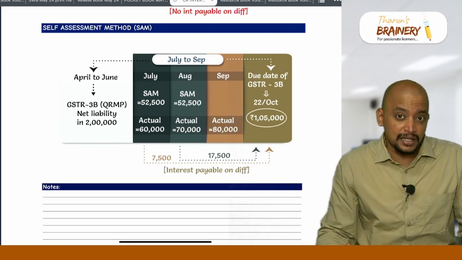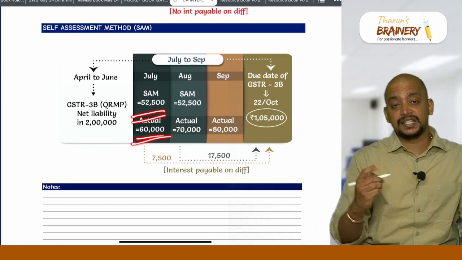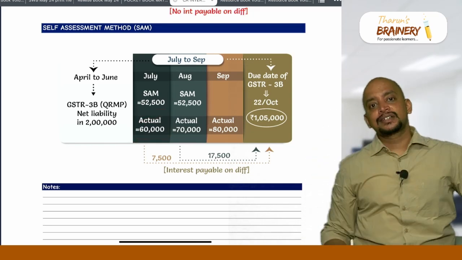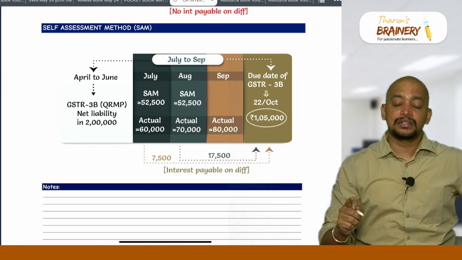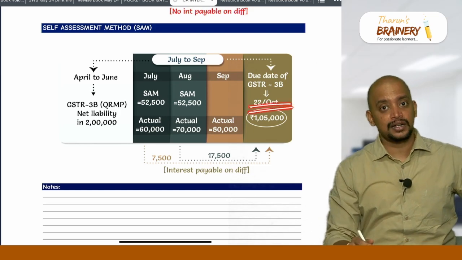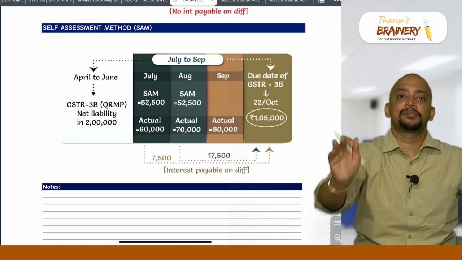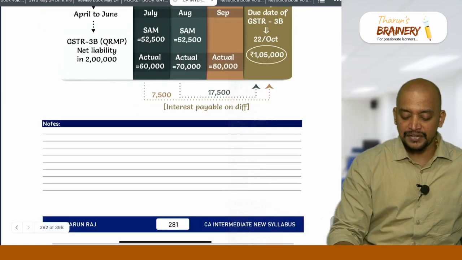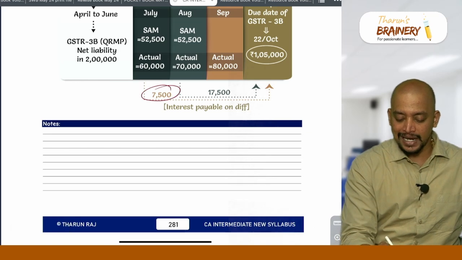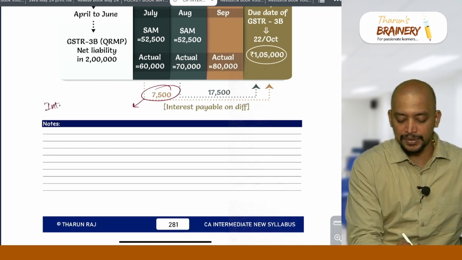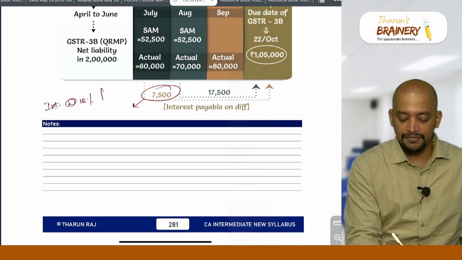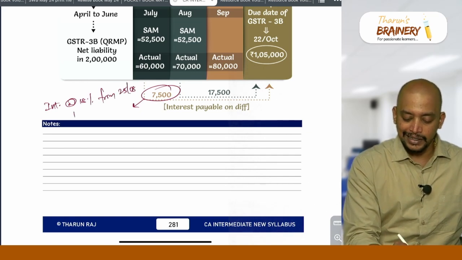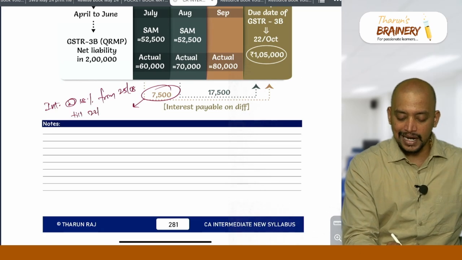Under the self-assessment method, the actual amount minus the self-assessment amount gives a difference, now 60 minus 52,500. On this difference, even if you pay by 22nd October, you have to pay interest. Interest is payable on the difference. So on this 7,500, you need to pay interest at the rate of 18% from 25th August till 22nd October.